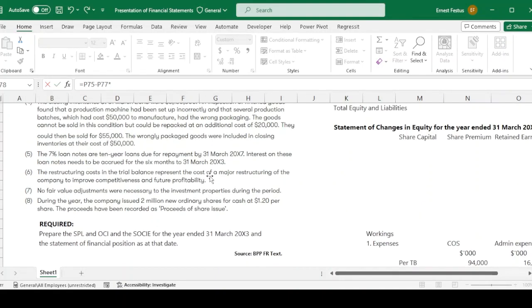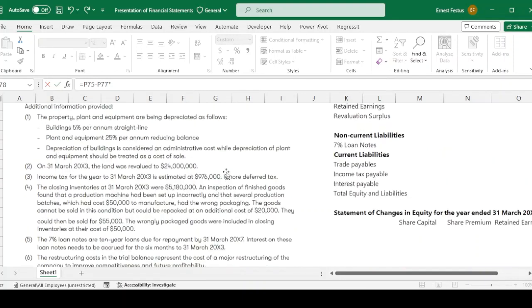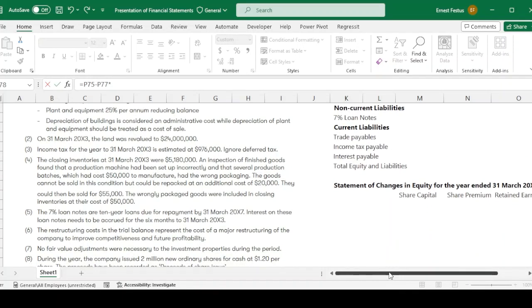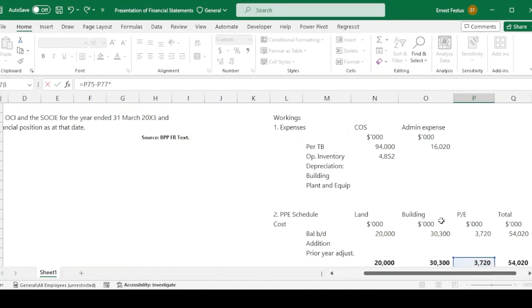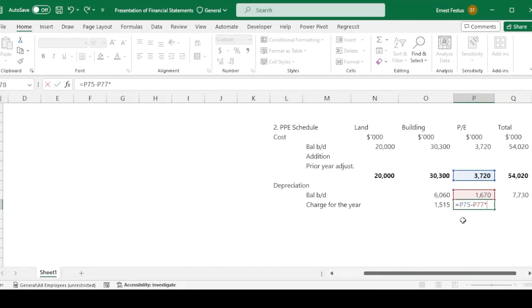I'm going to explain that in a jiffy. So the rate of depreciation is 25%. So that is going to be 0.25, and there we have it.